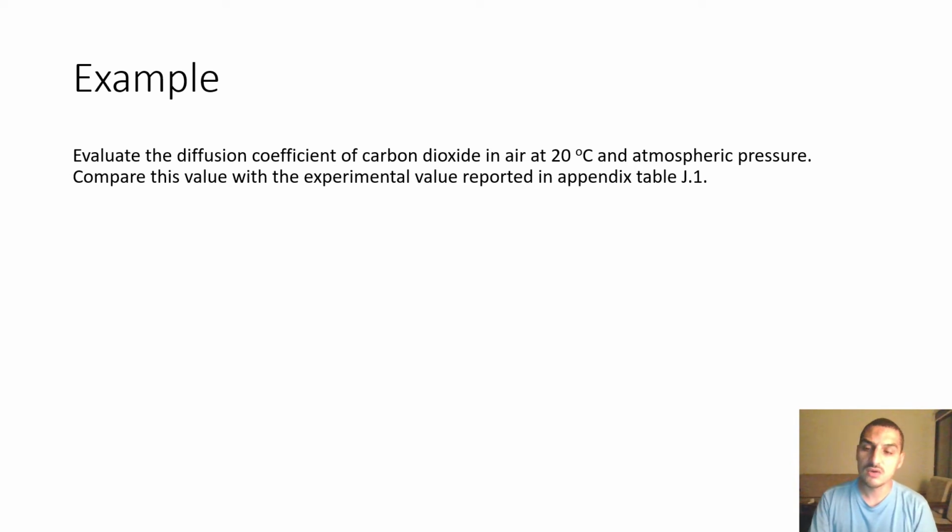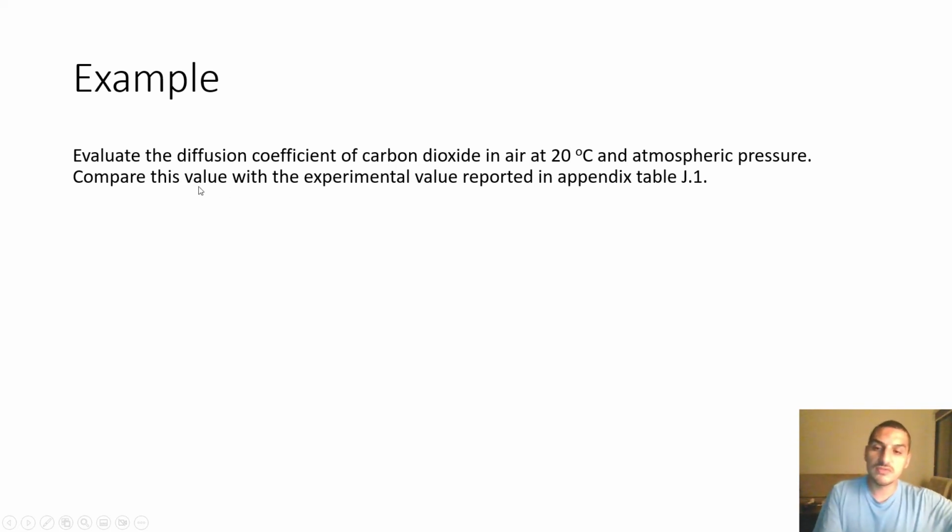This example says that I want to evaluate the diffusion coefficient of carbon dioxide in air at 20 degrees Celsius and atmospheric pressure. These are all the information that I know: it's only carbon dioxide and air at 20 degrees Celsius and 1 atmosphere.